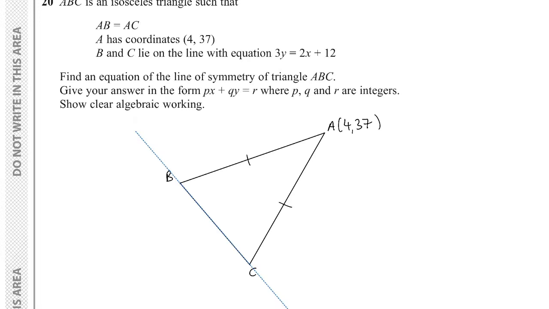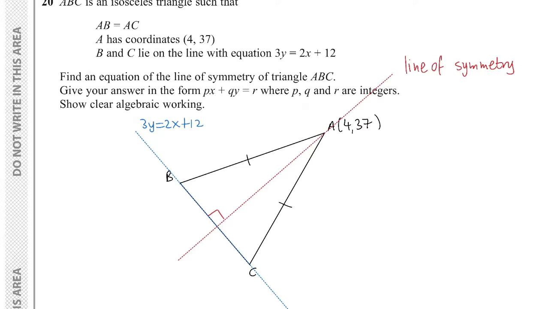This is the line 3y = 2x + 12. Now, the line of symmetry of the triangle is simply the perpendicular bisector of the base. This is the line of symmetry here. So we certainly know that it should be passing through (4, 37) and should be perpendicular to BC.